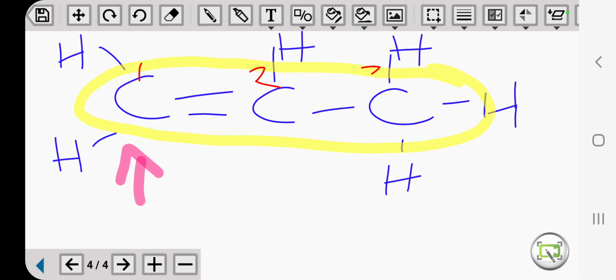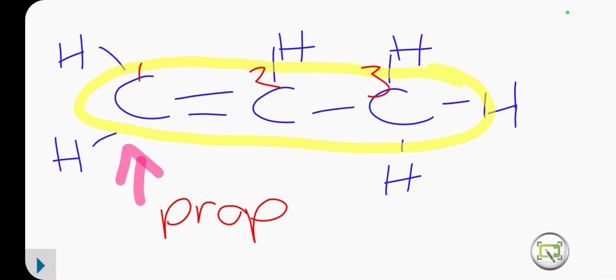carbon 2, carbon 3. Okay, this compound has 3 carbons in it, therefore it will be prop. And it has a double bond in it, therefore it will be ene. But now the question is, exactly where does this double bond find itself? This double bond is connected to carbon 1 as well as to carbon 2.